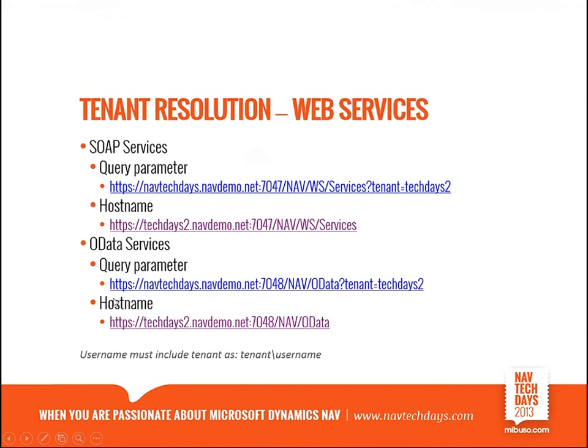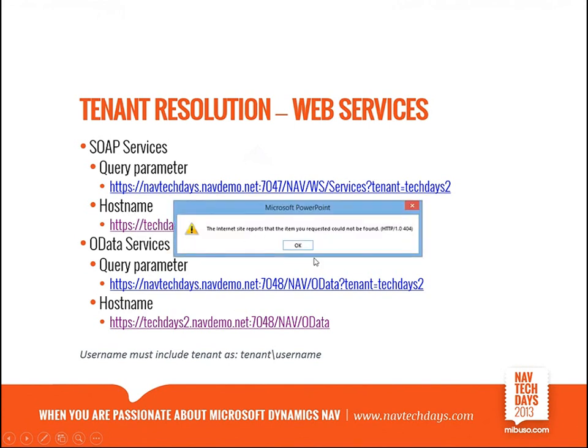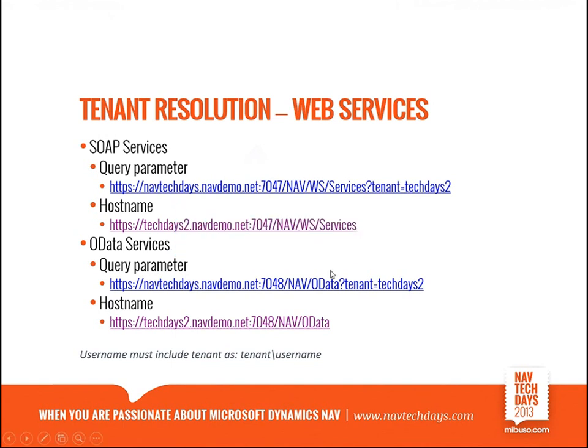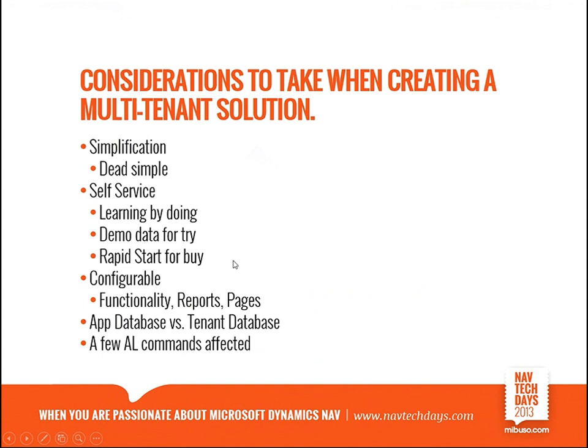Web services supports the same thing. So with a query parameter, you can specify server name and your tenant as a query parameter, or simply by adding this one, which is your host name. Clicking this one will give me the internet site. Also, I don't know what that is, but that's probably because the URL is wrong.